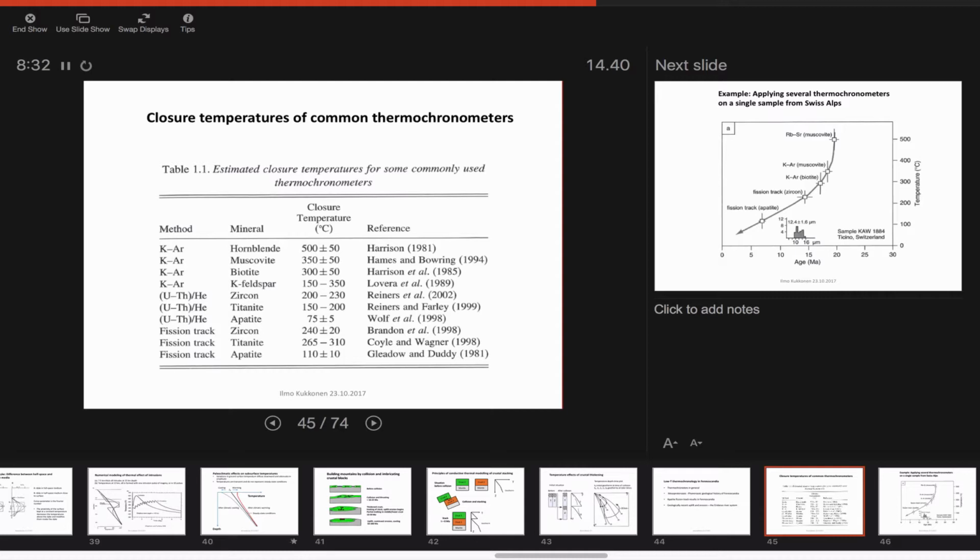Now, depending on the system, here a selection of the most common thermochronometers from potassium-argon to uranium-thorium-helium, and fission tracks using different minerals, we can get a quite wide range of closure temperatures that we can measure with these methods.